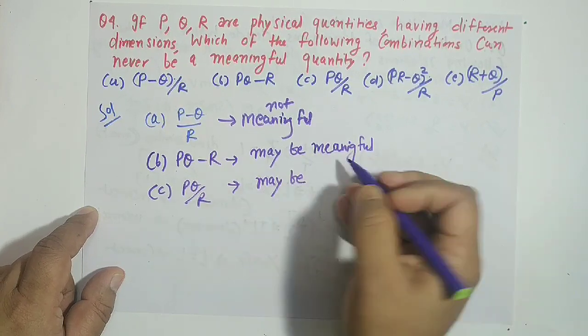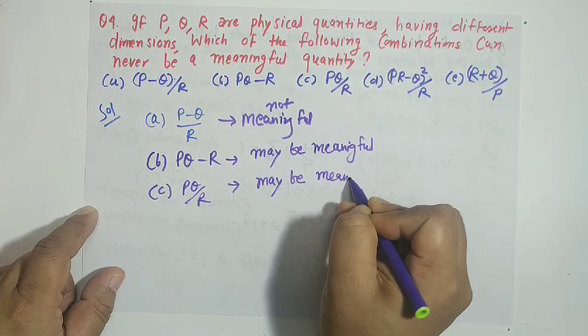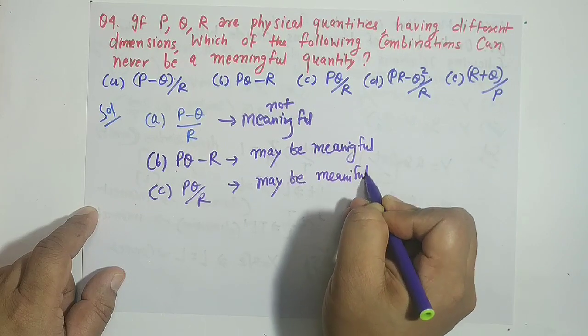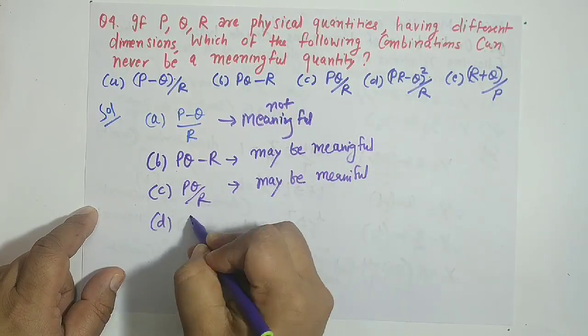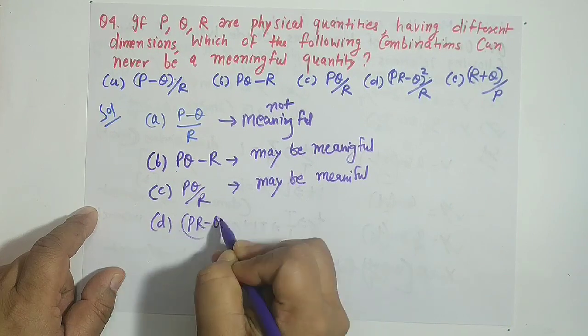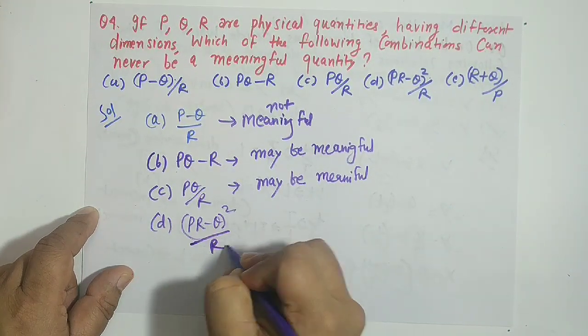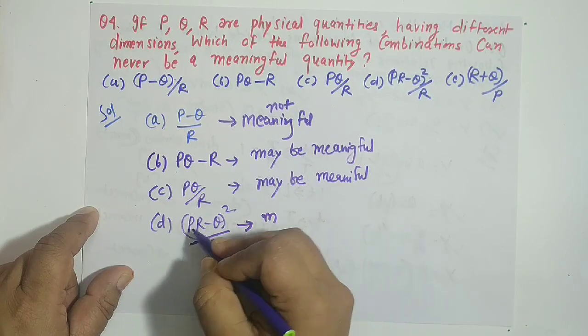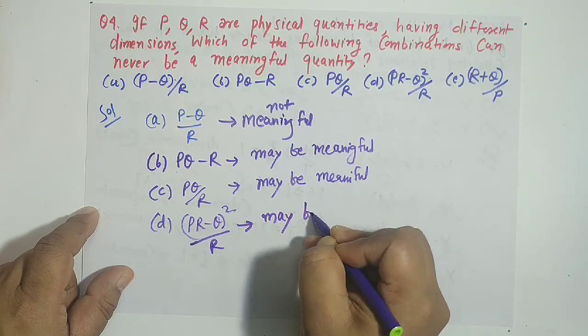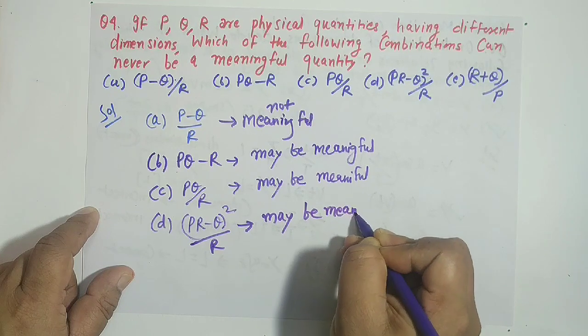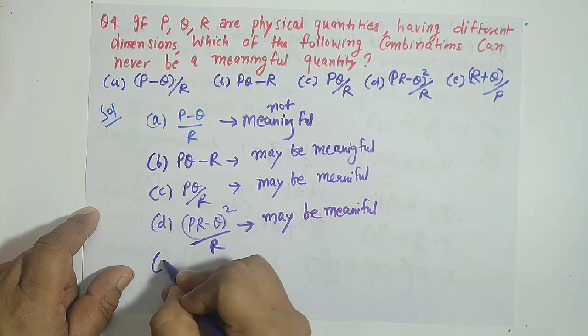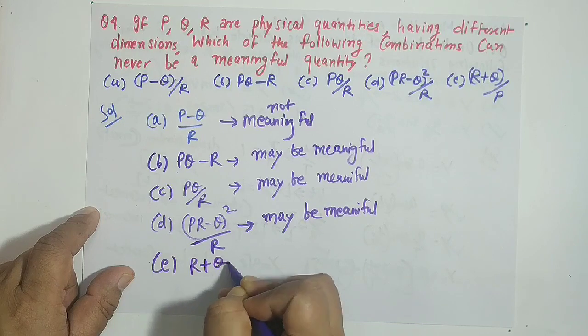It may be meaningful. Then we come to the D part, PR minus Q, whole squared, by R. It may be, because again P into R may be meaningful. So the last one, E, R plus Q. Now again they are adding up.